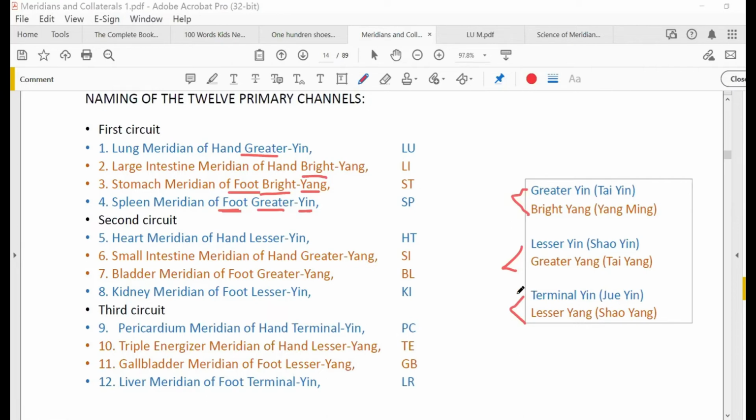The third one: terminal yin, 厥阴, and lesser yang, 少阳.